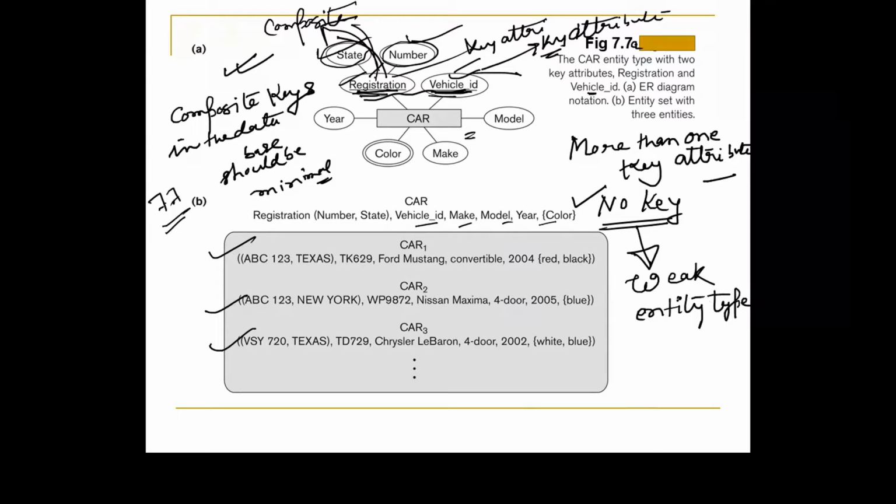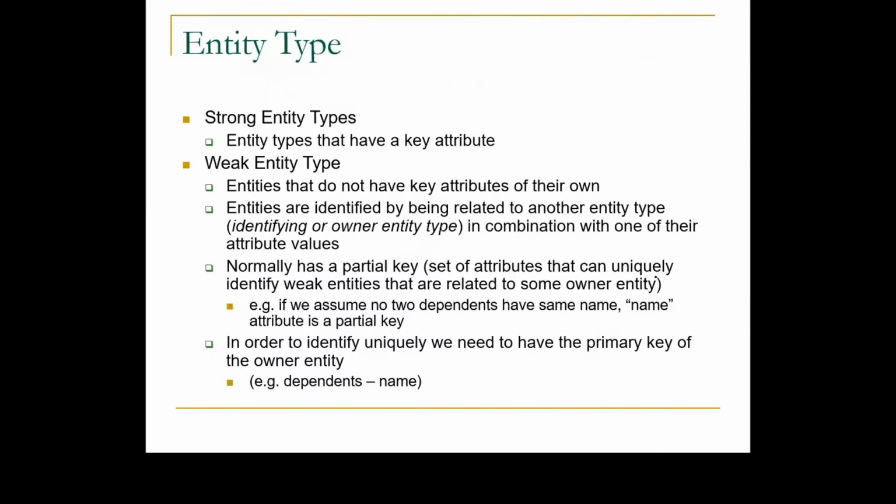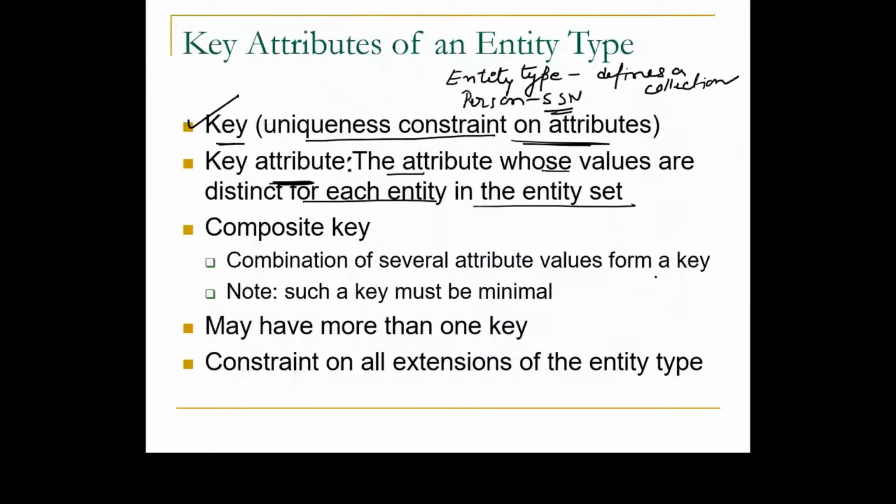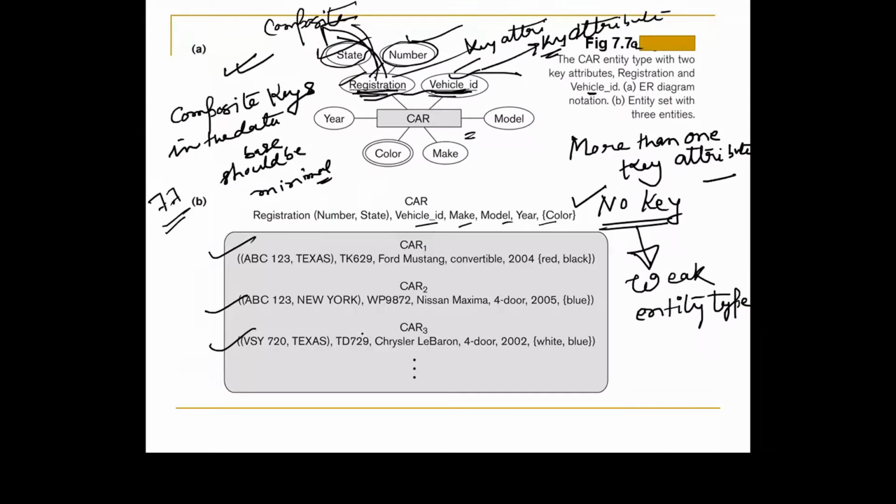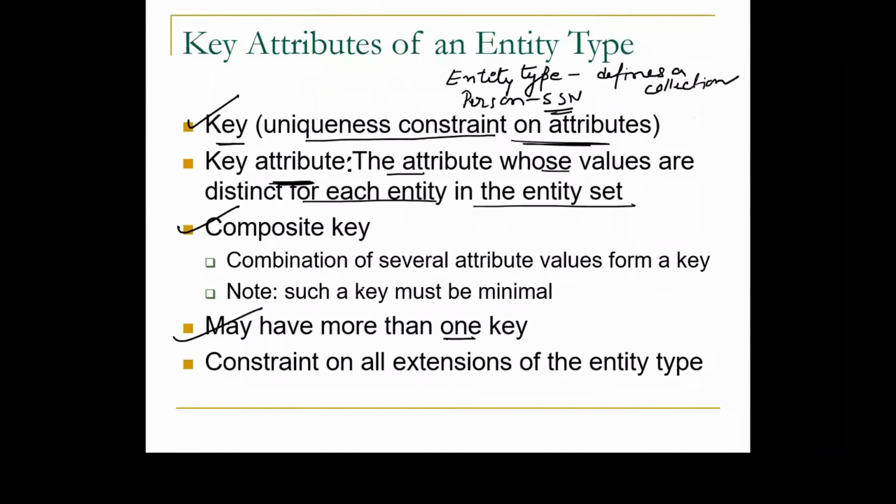Okay, weak entity type. Next, what is value set of attributes? So composite key we have understood. We may have more than one key possibility. Just now we have seen for this car itself we have two keys, registration and vehicle ID.